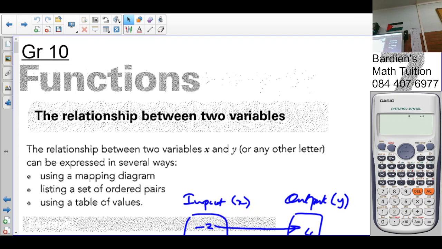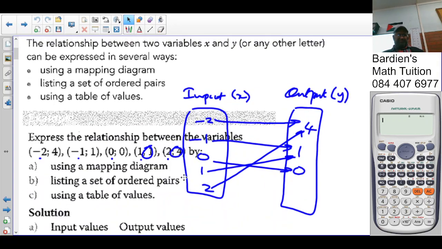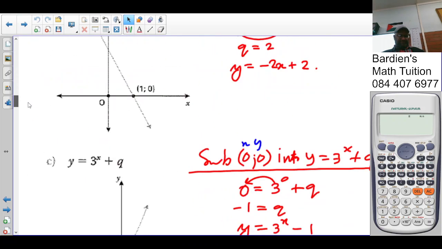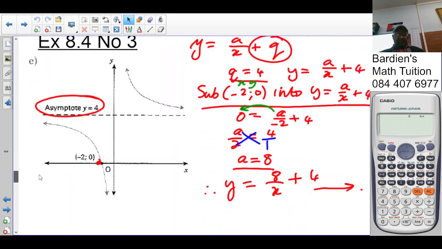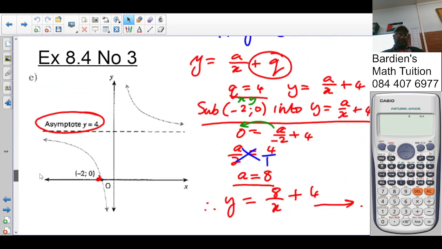Visual functions? I think you guys had determining the equation of a function for homework. Was there any problem with the homework?